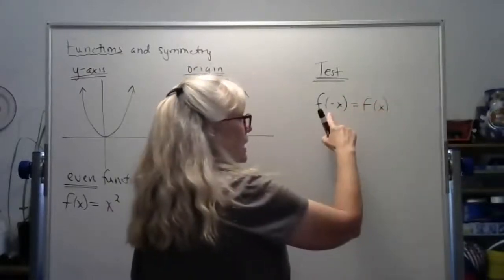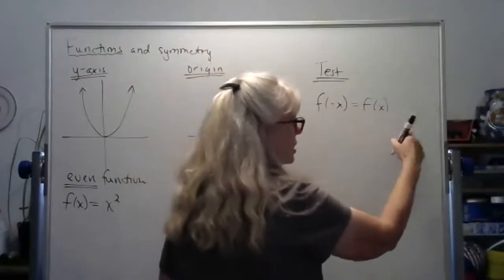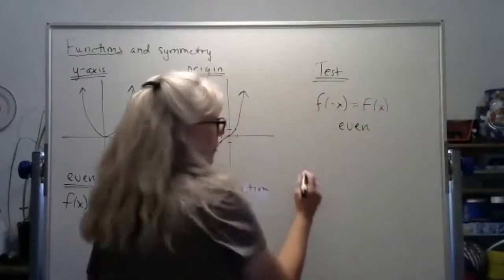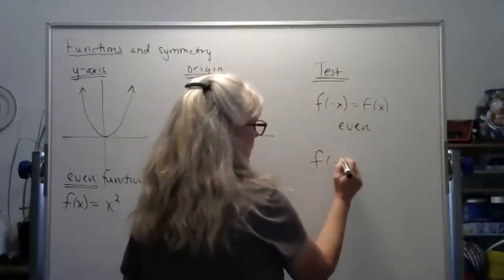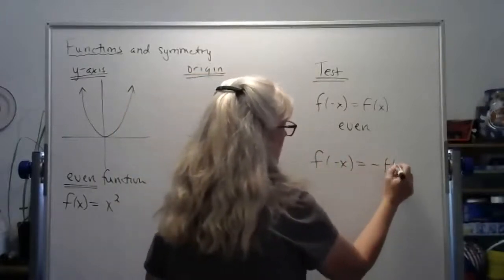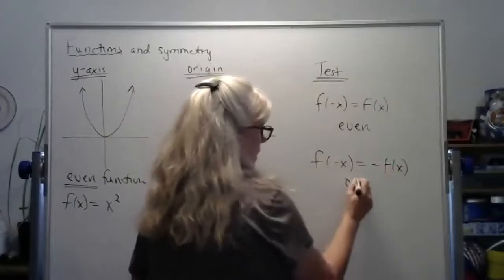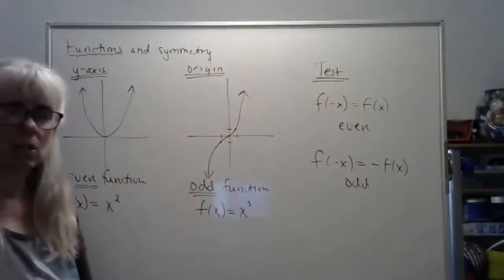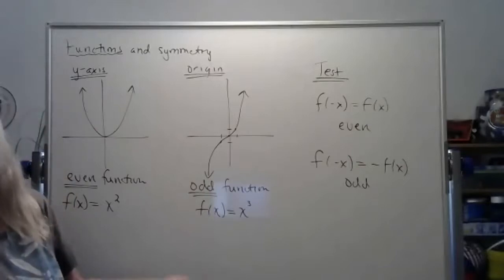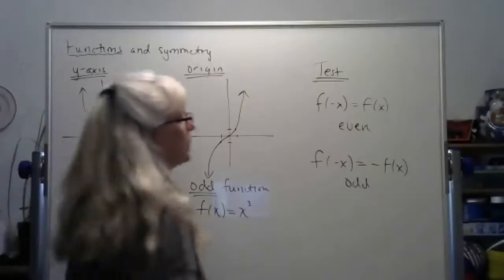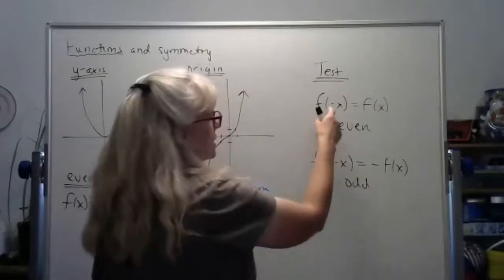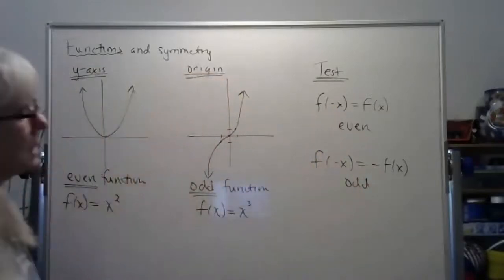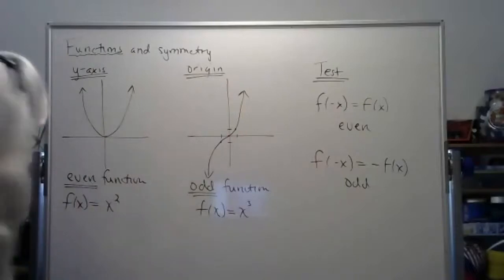So when you plug in a negative and you have no change in the function, it is even. If you plug in a negative x and you get the opposite of the function, then it is odd. And if you get any other combination, it's neither even or odd. So this is why when we started on Monday, we had to do both a negative x and we also looked at the opposite of the function, was leading us up to this concept today.